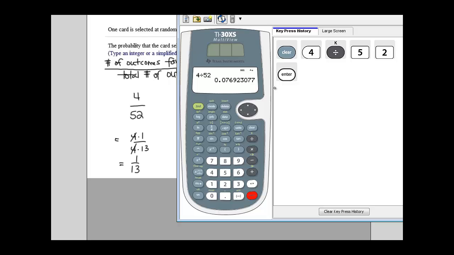And then if I wanted to see the fraction in its most simplified form, we have a button here: if I press second and then table, you see this up above, it's fraction changed to decimal or changed back to fraction. So I pressed second, pressed that button, pressed enter, and it changes it to the simplified fraction 1 over 13, which is what we got to begin with.